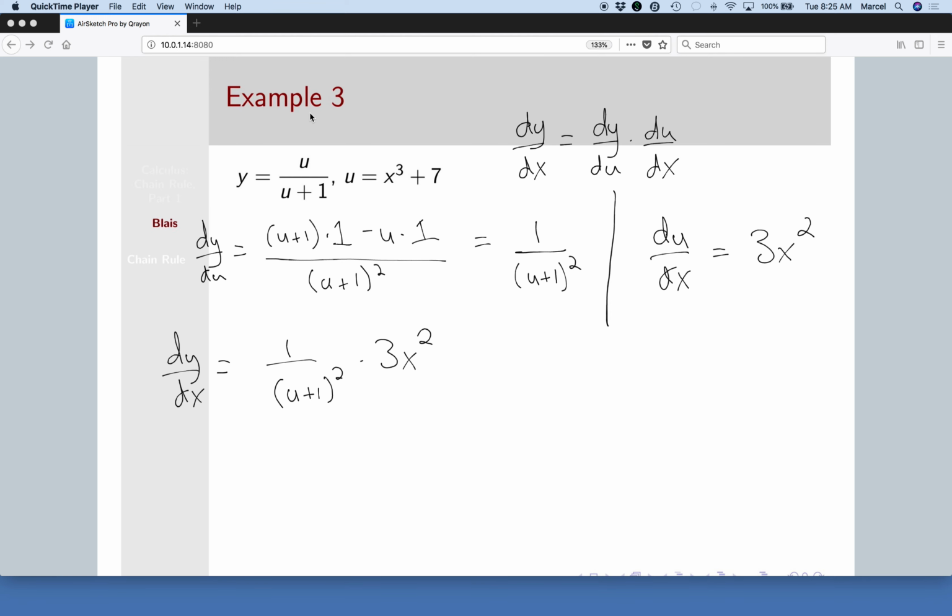And we typically want to remove the intermediate variable from our expression in the final answer. So this u, we substitute in x cubed plus 7. And there we have it. There is the rate of change of y, instantaneous rate of change of y with respect to x.